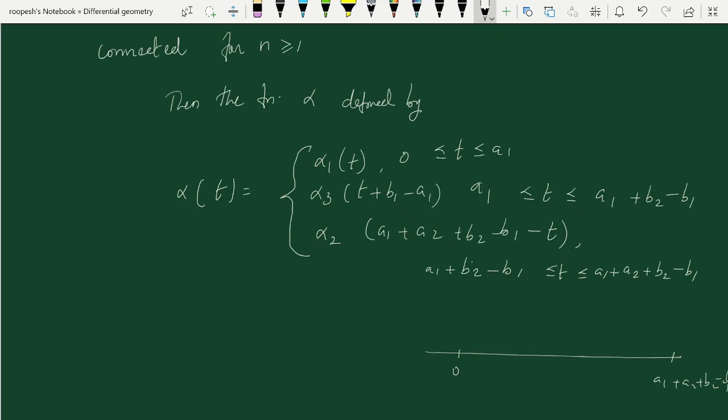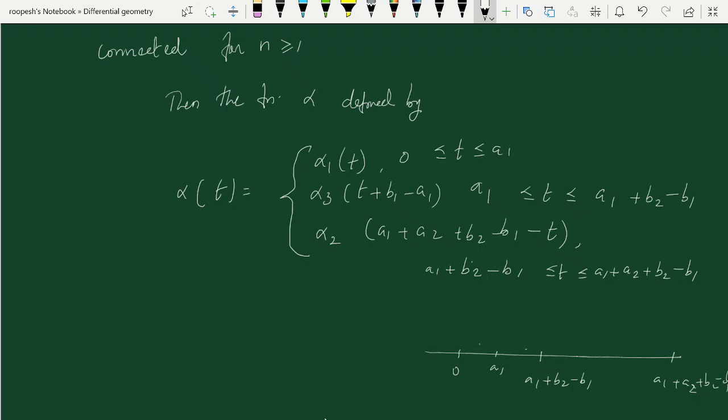Somewhere here is a1, next is a1 plus b2 minus b1, and then a1 plus b2 minus b1 to a1 plus a2 plus b2 minus b1. So we are splitting this into 1, 2, 3 intervals.